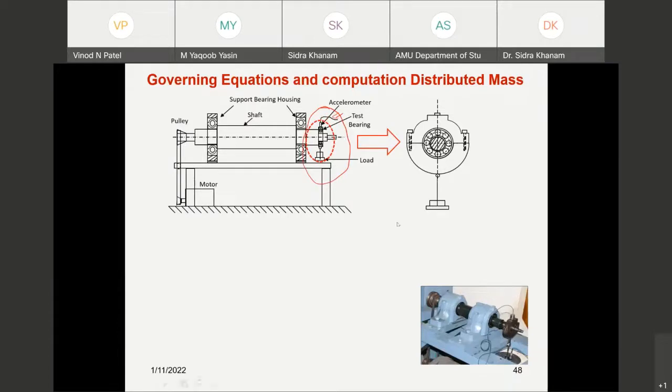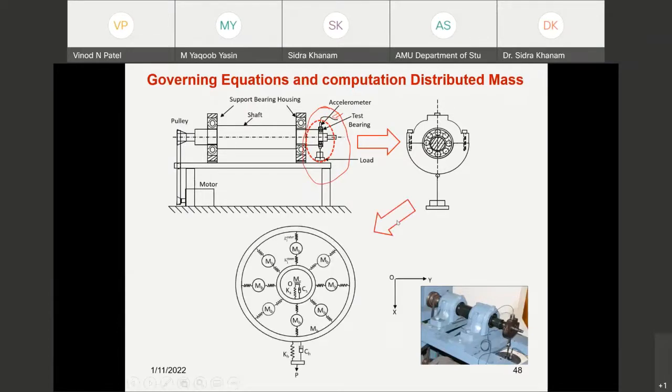In more detail, in the dynamic model here, the mass of the shaft, ms, is shown over here. The stiffness of this particular part of the shaft is shown here, and the material damping of the shaft has been considered as CS.